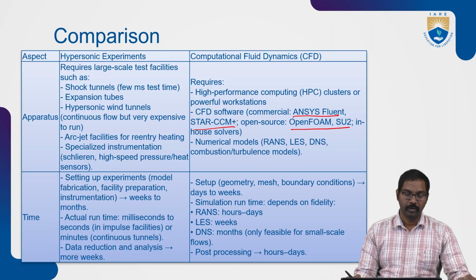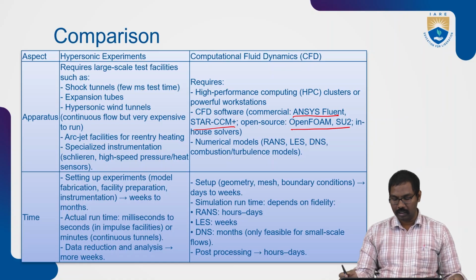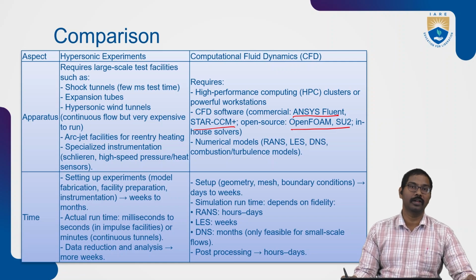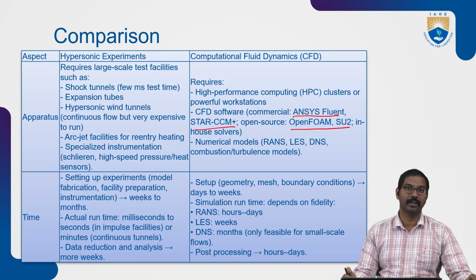Similarly, the time taken for these experiments. Generally we are going with physical models that are developed and tested. Model fabrication also takes a lot of time, and depending upon the material availability and the instrumentation, it may go up to months also.